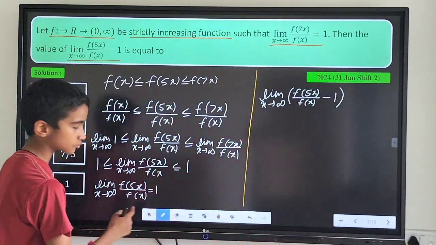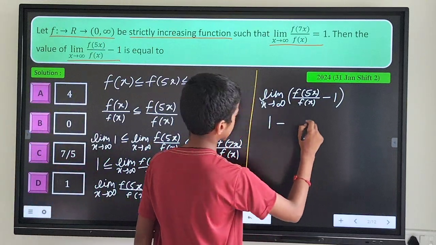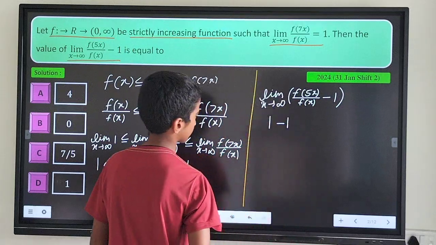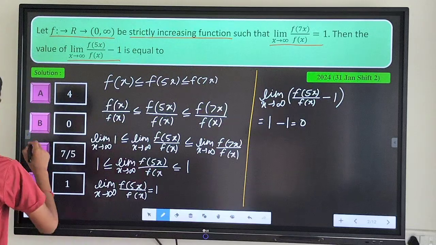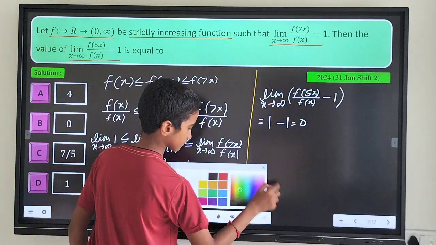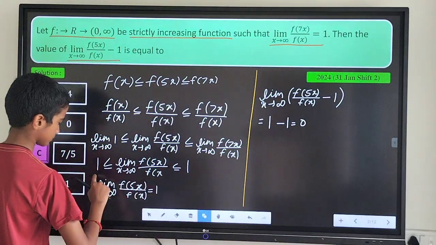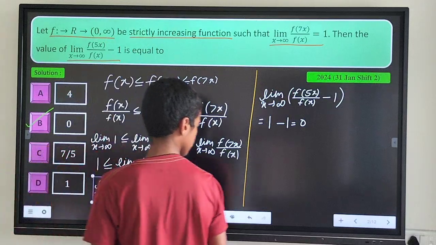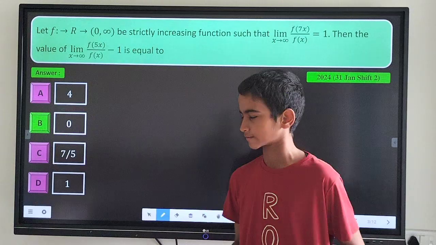Now limit x tends to infinity of f of 5x upon f of x will be 1, minus, and limit x tends to infinity of 1 will be 1. So 1 minus 1 is equal to 0. So our option B is correct. And here is the solution page, and you can see that our answer is correct.